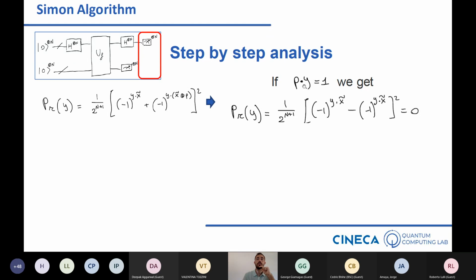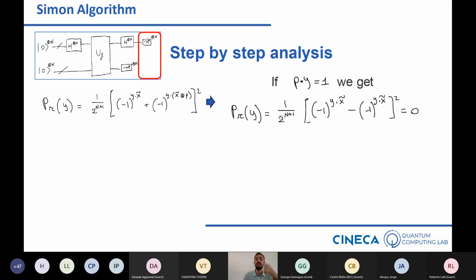Okay, because if p times y is 1, we are left with this one, which is, I mean, inside the parentheses we have two terms that are the opposite of each other, which cancel each other, and what we get is 0 probability.